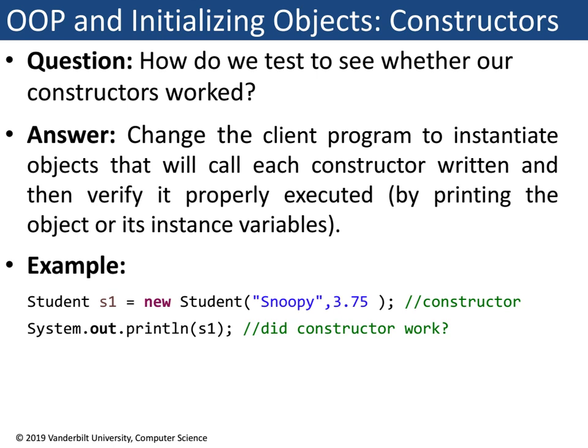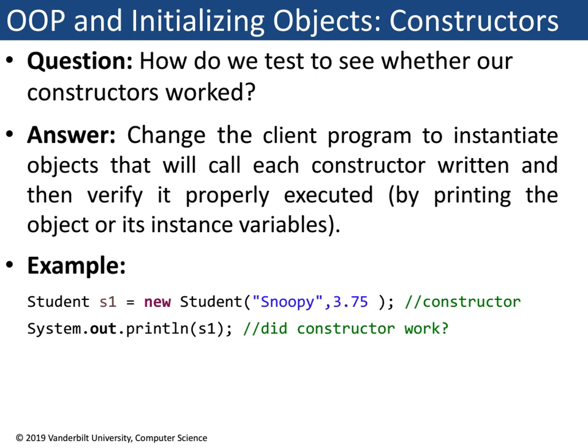So as an example, what we would probably do is, in our client program, create a student reference variable called S1 and store the reference to a new student object in that variable, and we would pass as parameters to this constructor Snoopy, and 3.75. So we've only given the name and GPA.